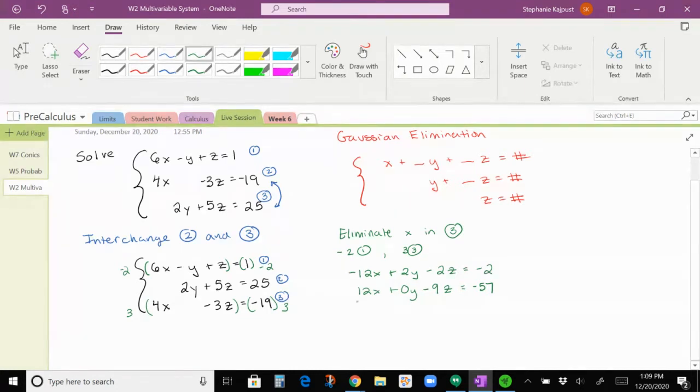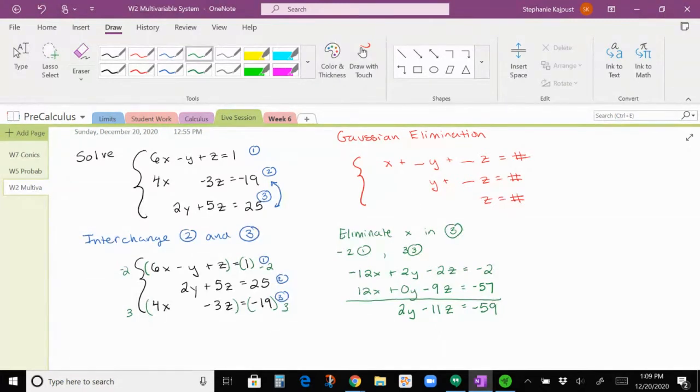So now we're going to use the elimination process here. So we're going to add these equations together, and you'll see that x cancels out. And we are left with 2y minus 11z equals -59. And this is going to be the new equation 3.